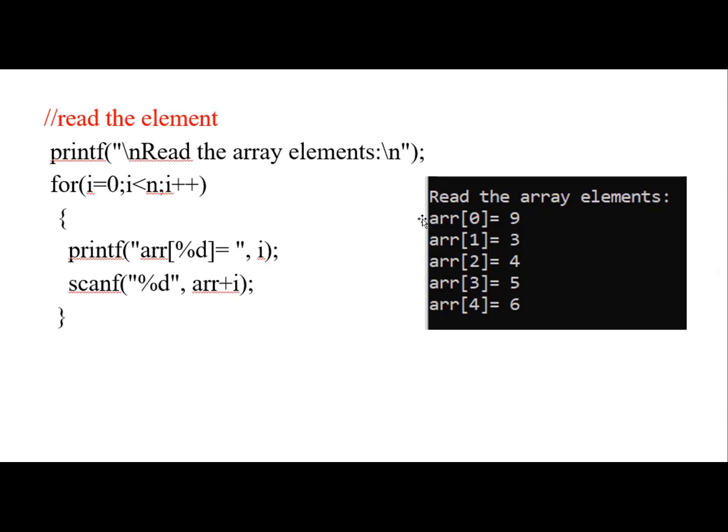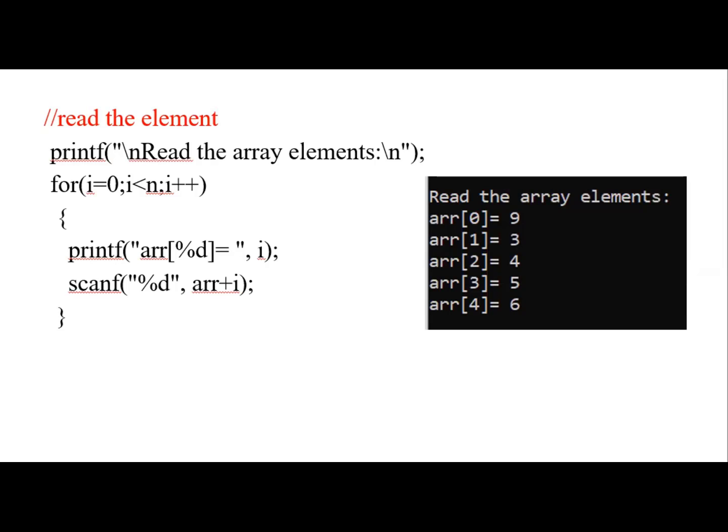So I have ARR of 0 as 9. I've entered 9, then 1 as 3, 4, 5, and 6, right? When i is equal to 1, it would be ARR plus i, so ARR plus 1 will point to the next one. So 0, 1, 2, 3, and go on.